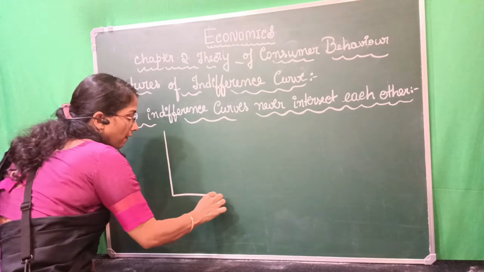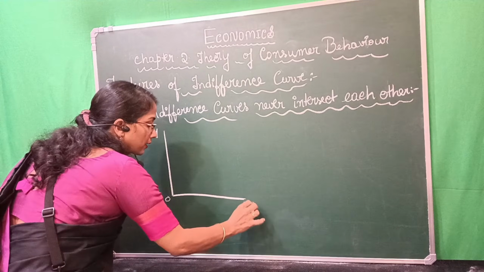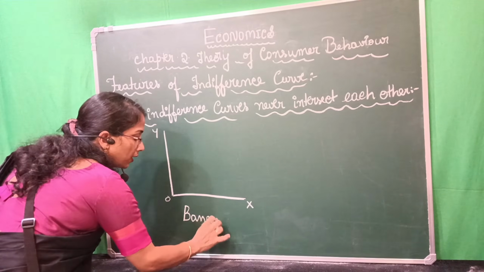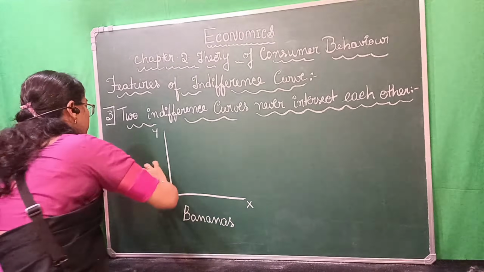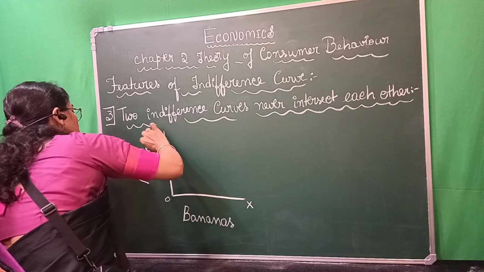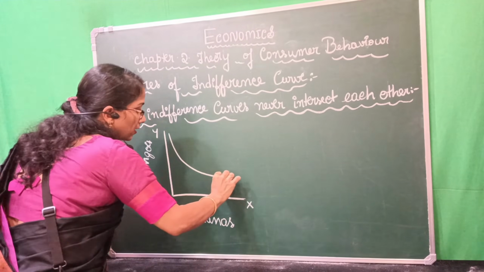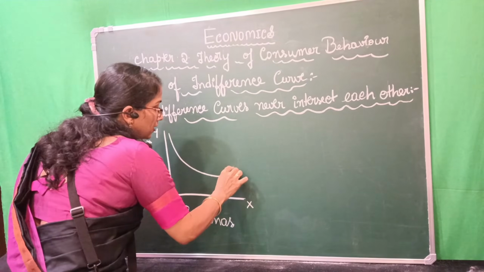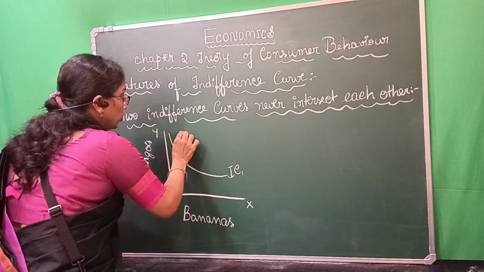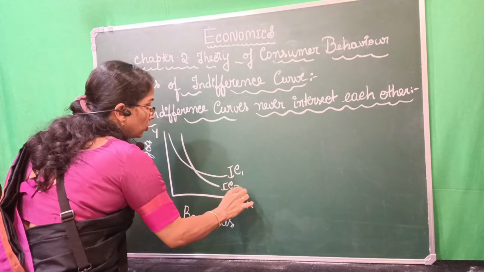I have drawn two axes here, y axis and x axis. As you already know, on the x axis we are measuring bananas and on the y axis we are measuring mangoes. Let us draw an indifference curve, IC1. Draw one more indifference curve, IC2.